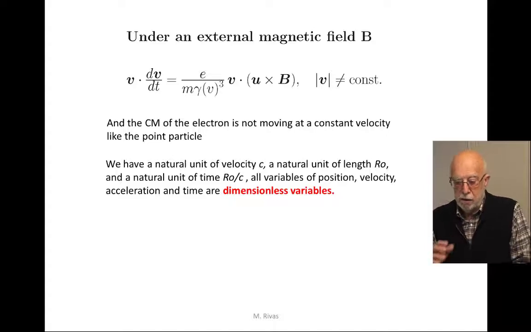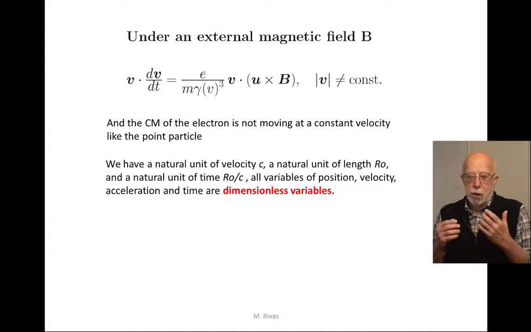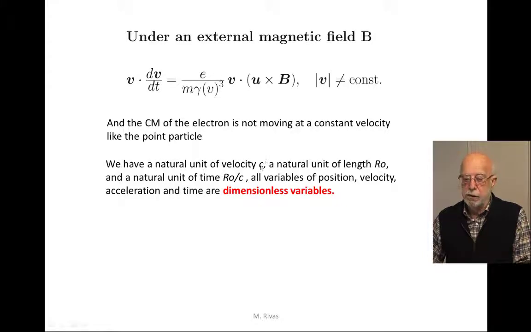Here, in this kind of equations, you see this model has a natural unit of velocity, c, the center of charge velocity, a natural unit of length, the separation between these two points, for instance, in the center of mass frame, and therefore a unit of time, which is this quotient, so that all variables for these dynamical equations, position, velocity, accelerations, time, and so on, are dimensionless variables.